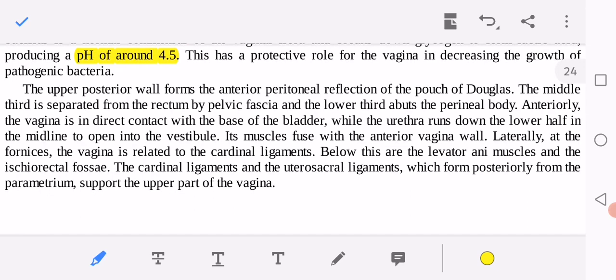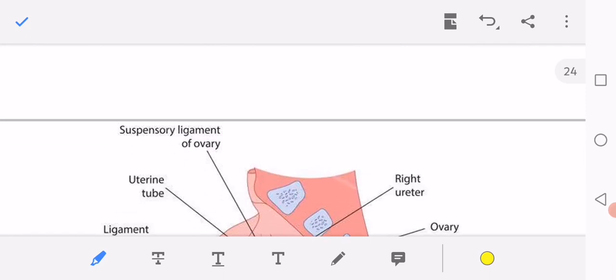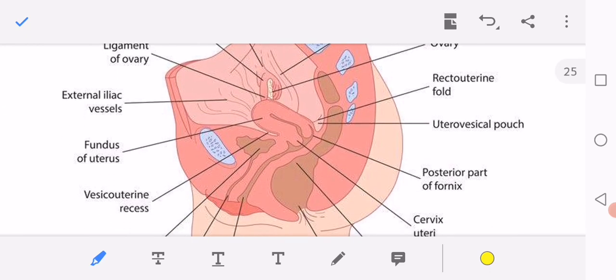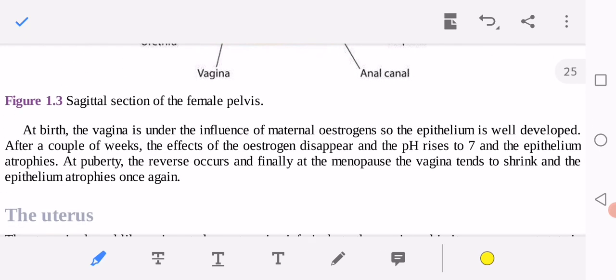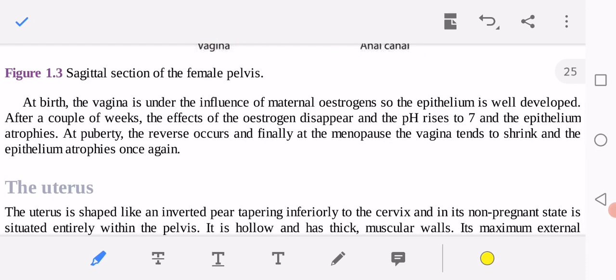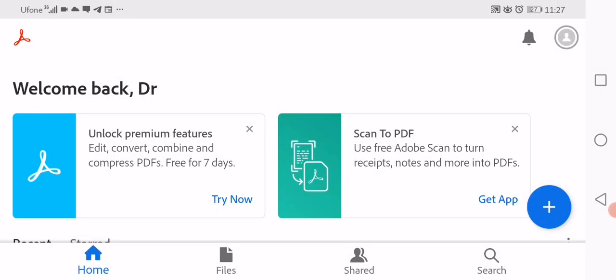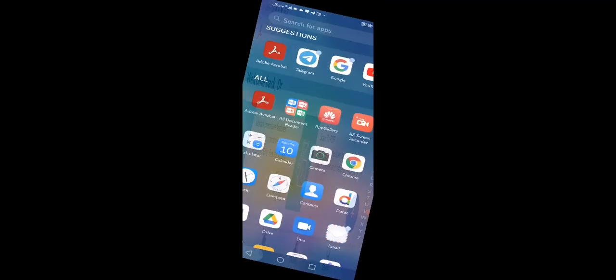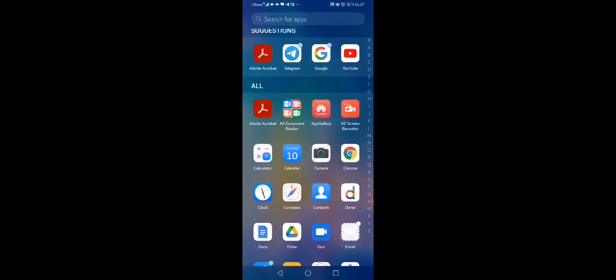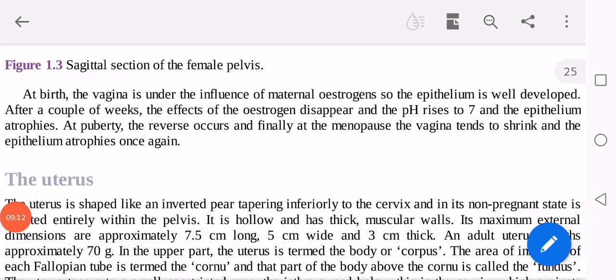So this is about vagina. What happens at birth?